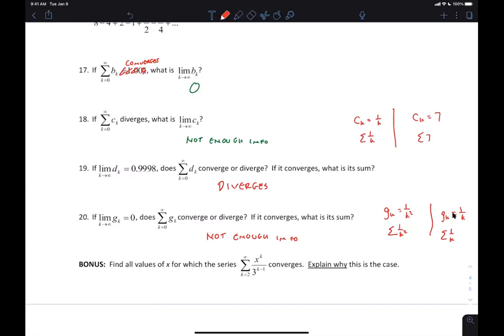Then if GK is 1 over K as a sequence, that sequence goes to 0 because it's 1 over infinity, but the sum diverges because it's harmonic. So we have two different examples where the limit of GK is 0, but one of them converges and one of them diverges, which means in general we don't know. So you could have a sequence that goes to 0 and then the series could converge, or it might diverge. It just depends. Does that answer the question in chat about that?